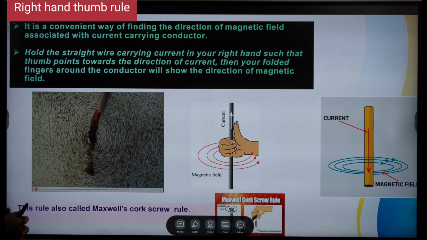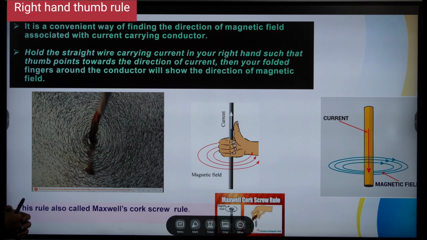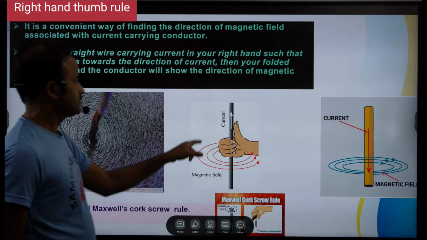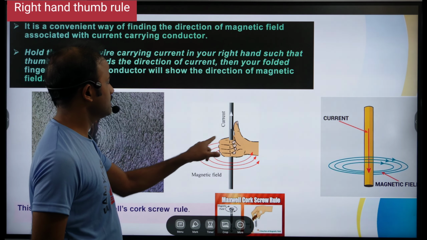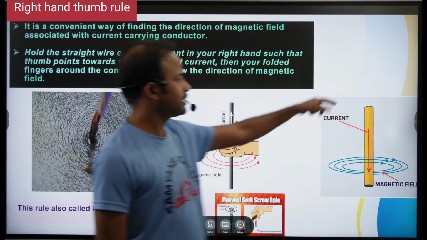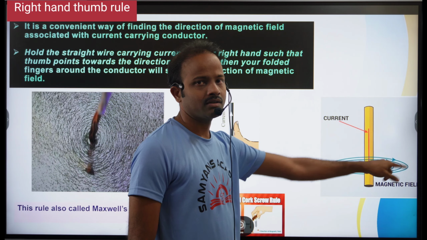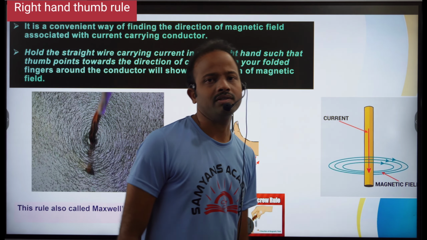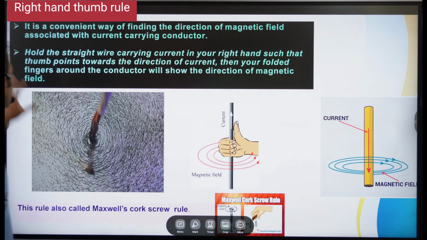All iron filings take alignment in concentric circles. When current is moving in the upward direction, what is the field line direction here? Anti-clockwise. When current is moving downward, what is the direction of the field here? Clockwise direction. Just remember, this is the right hand thumb rule.